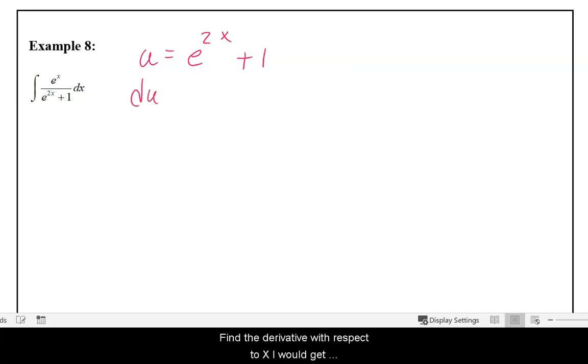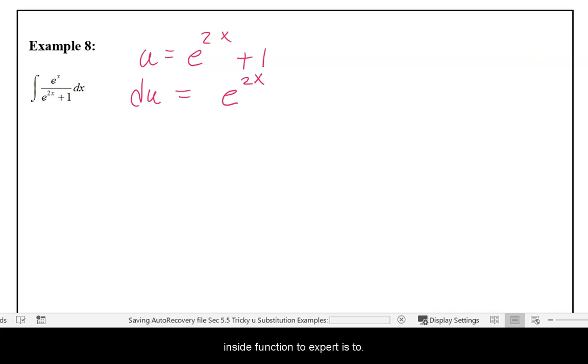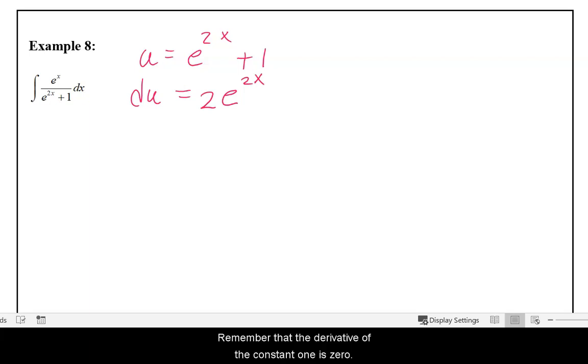To find the derivative with respect to x, I would get another e to the 2x, but times the derivative of the inside function 2x, which is 2. Remember that the derivative of the constant 1 is 0. This would also give me the differential dx swung around to the right side.